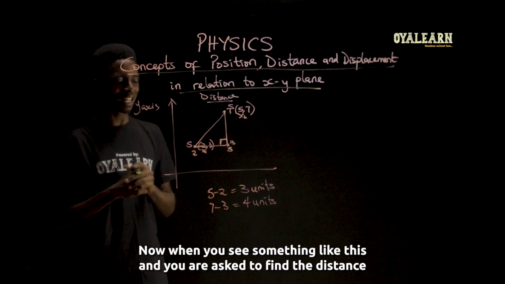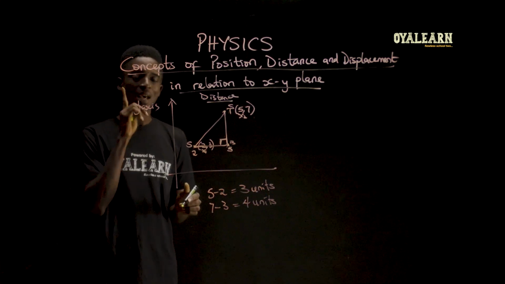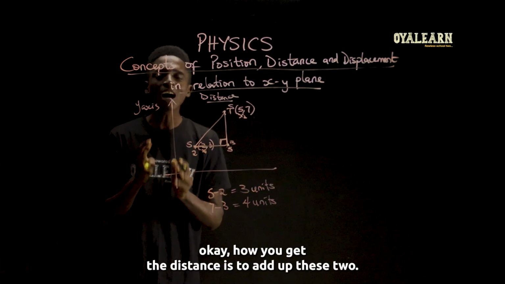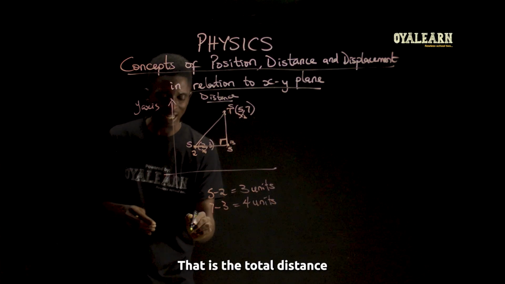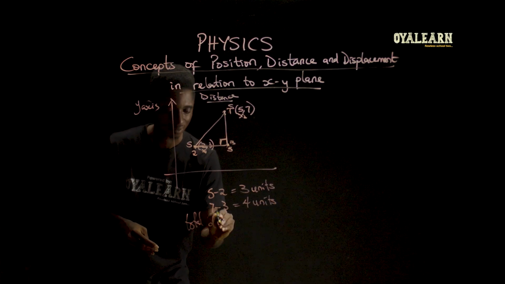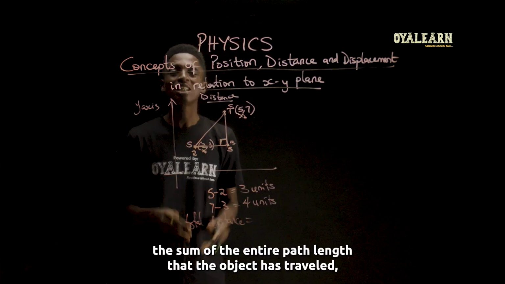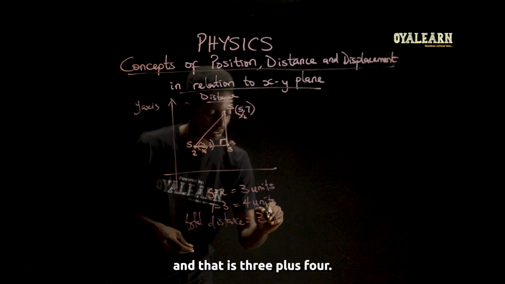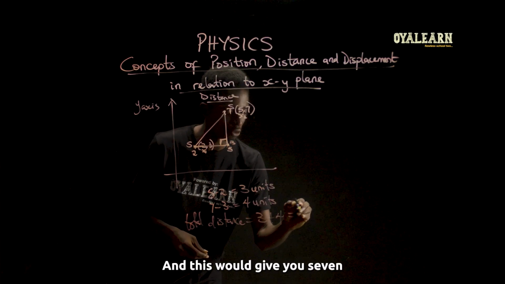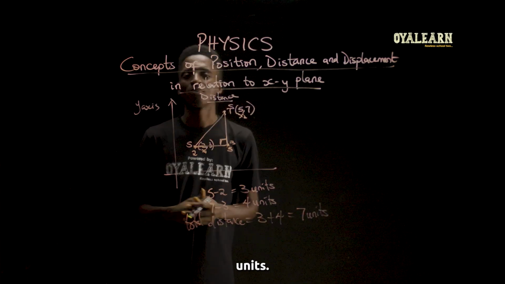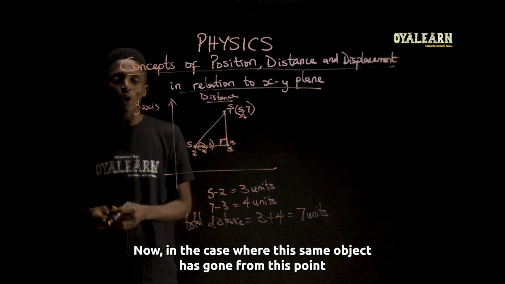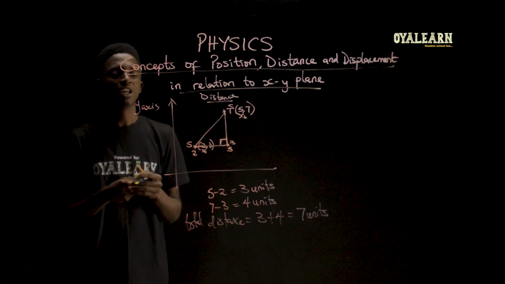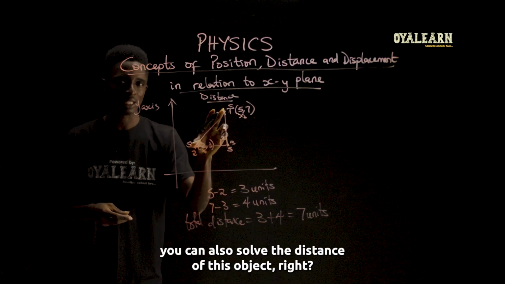Now, when you see something like this and you're asked to find the distance, believing that it has gone through this path, how you get the distance is to add up these two. That is, the total distance would be the sum of the entire path length that the object has traveled, and that is 3 plus 4, and this will give you 7 units. Now, in the case where this same object has gone from this point to this point straight like that without going through all these bends, you can also solve the distance of this object, right?